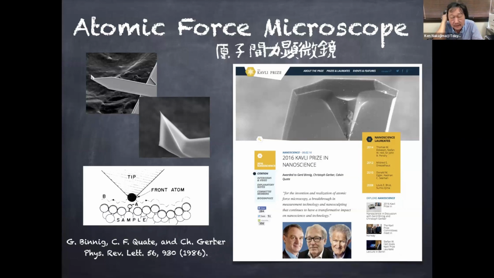Usually, a microscope needs a lens. In the case of optical microscopy, or even electron microscopies, they use a lens for photons or a lens for electrons. But this atomic force microscope doesn't need any lens, but instead it has a so-called cantilever.